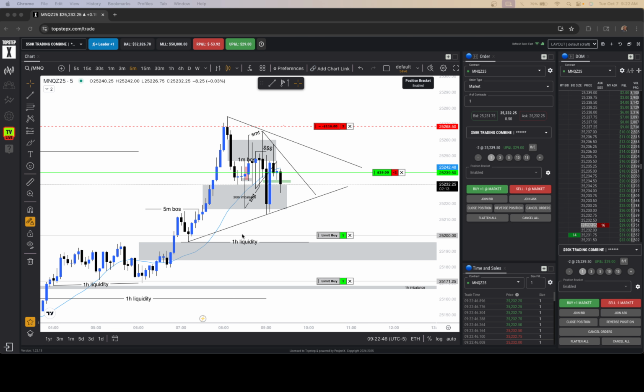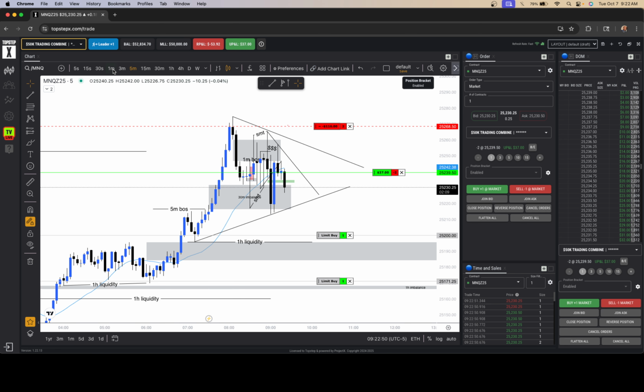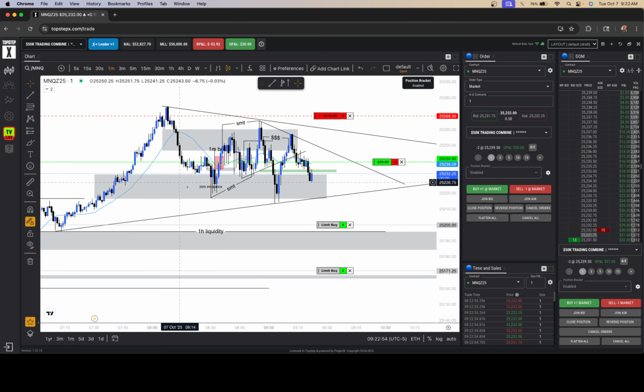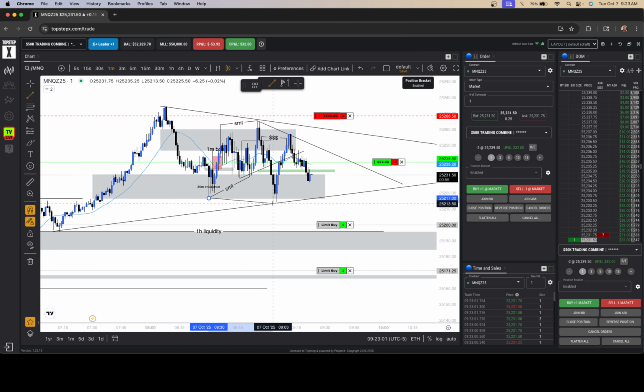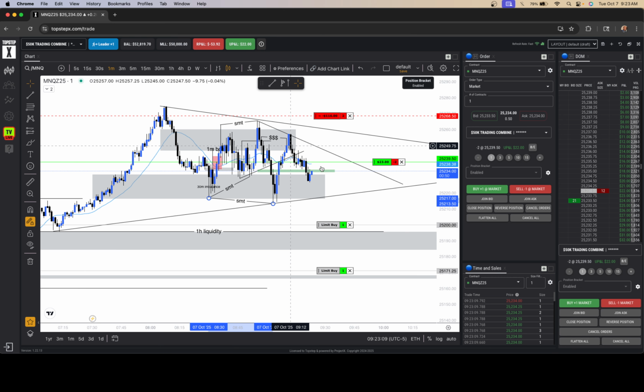Need to make sure I monitor all of these SMTs. Kind of annoying that we have so many today. The SMT is right here now. At some point, one of the SMTs is going to break though. But is it going to be the bullish one or the bearish one?